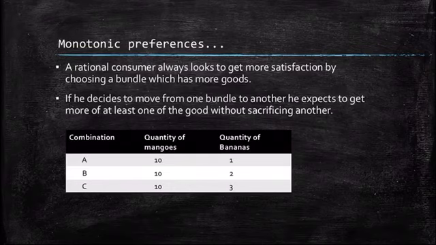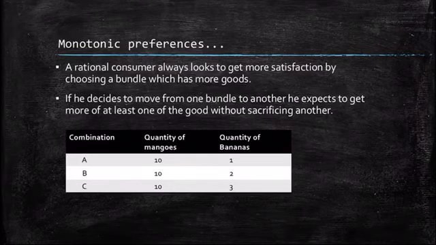It is common that a rational consumer believes that he gets more satisfaction by consuming more of that good. And given the bundles of that good, he always tries to choose the bundle which offers him more quantities of any one of the goods at the same time without sacrificing the other good.